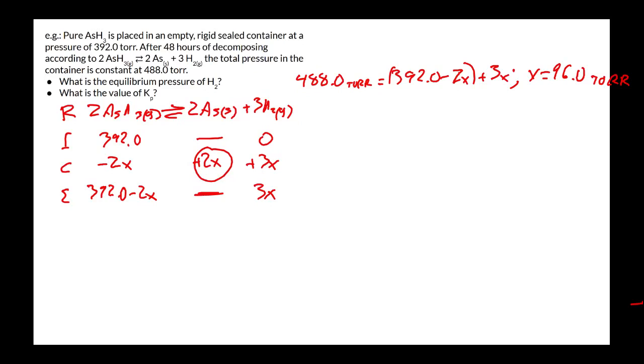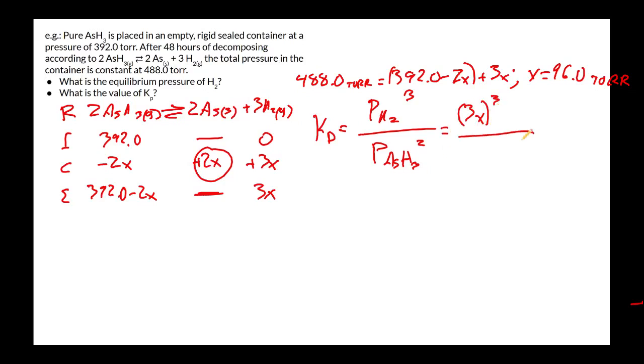Now we want to know what's the value of Kp. Well, Kp for this reaction is going to be the pressure of H2 cubed divided by the pressure of AsH3 squared. In terms of our chart, that's (3x) cubed over (392.0 minus 2 times x) squared.